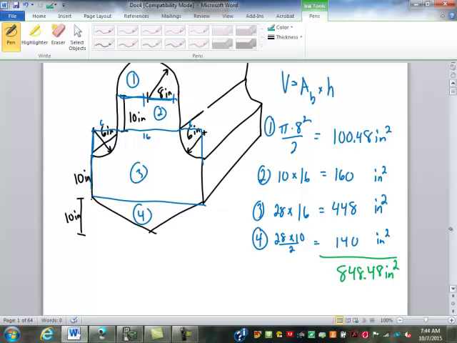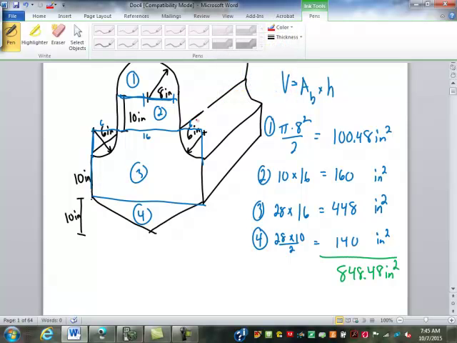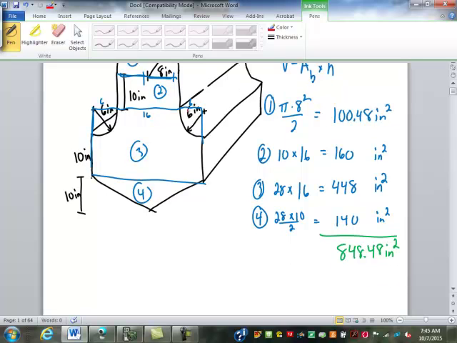Well, I haven't subtracted yet. I've got to subtract quarter circles, so I might be really close to that. Is that what everybody comes up with? Yes, no? Okay. So now I've got to subtract out the quarter circles. What I'm going to actually do is put them together and make one half circle.